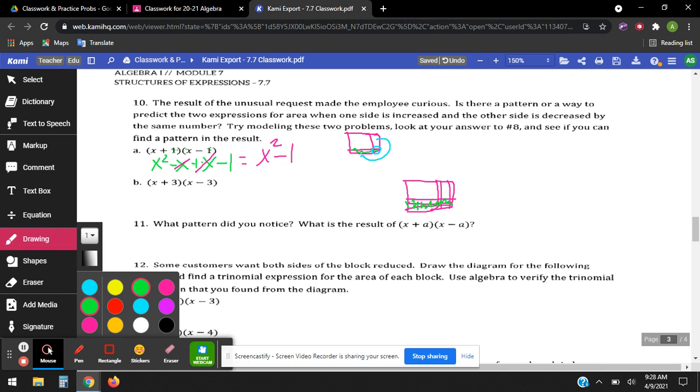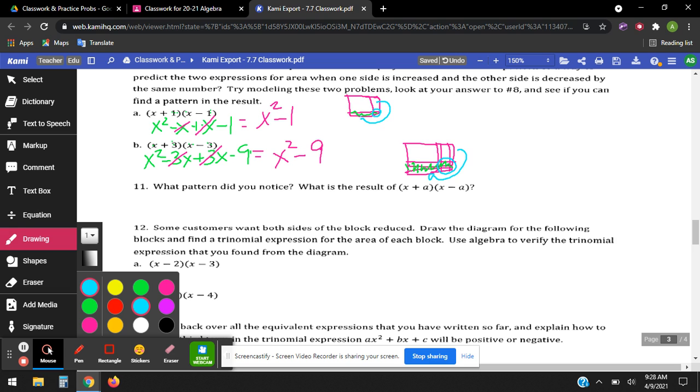All right, let's work this one out. So x squared, x times negative 3 is negative 3x. 3 times x is 3x. 3 times negative 3 is negative 9. So when I go to solve this, I end up with x squared, negative 3 plus 3, those cancel, minus 9. So again, these 3 come around, replace this, but I'm still missing my 9 in the corner.